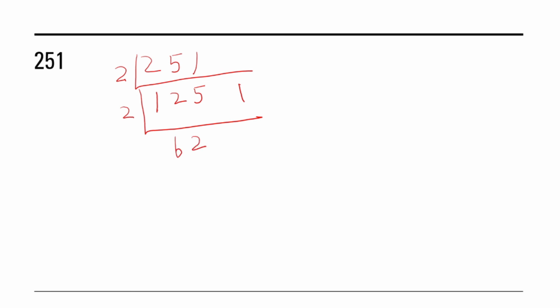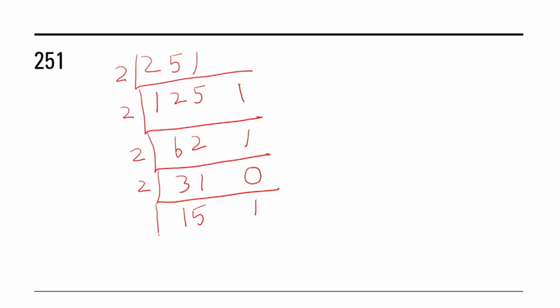Now next let us see a slightly bigger number, 251. I divide 251 by 2. I get 125 and the remainder is 1. Again dividing by 2, 62, the remainder is 1. Again dividing by 2, 31, remainder is 0. Again dividing by 2, 15, remainder is 1. Again dividing by 2, 7, remainder is 1.